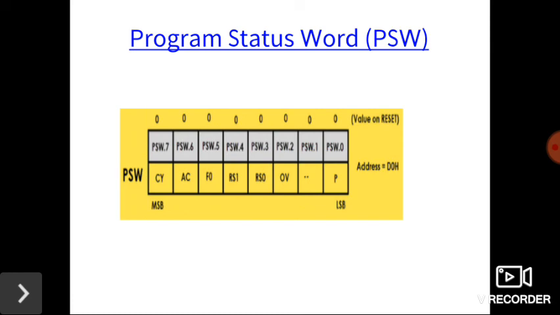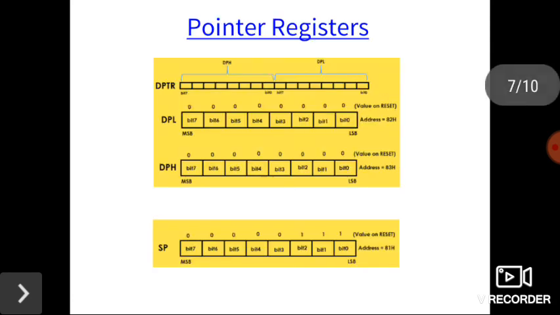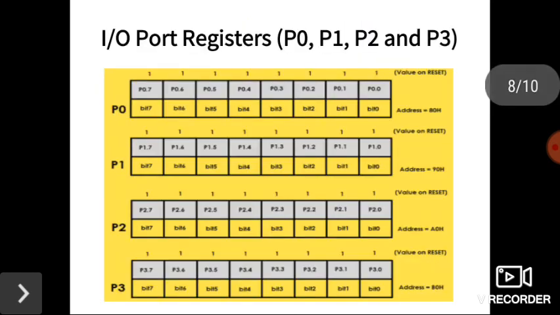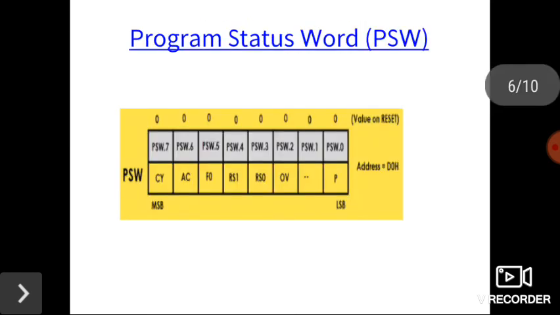We know that flags are 1-bit storage elements that store and indicate the nature of the result that is generated by the execution of certain instructions. The program status word address is D0H.